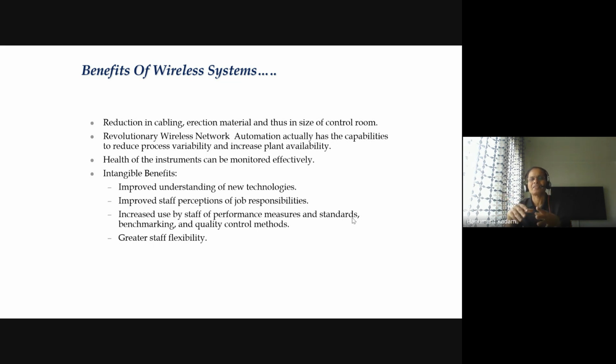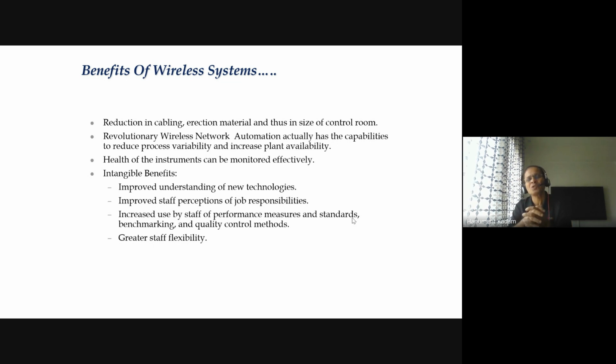For example, in a year of 365 days, if you are running for 350 days, you can increase it to 360. Then the health of the instruments can be monitored effectively because of wireless. So these are some benefits of wireless.